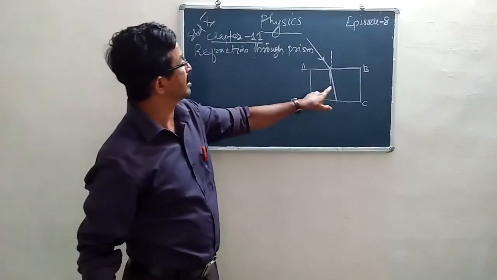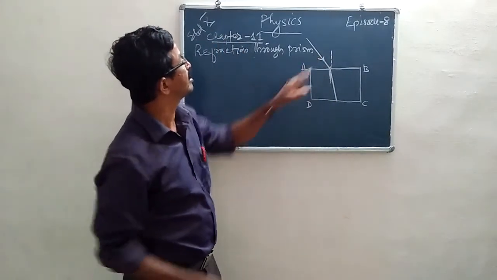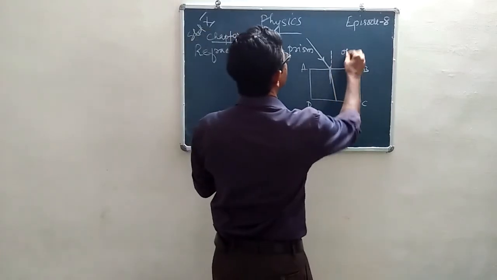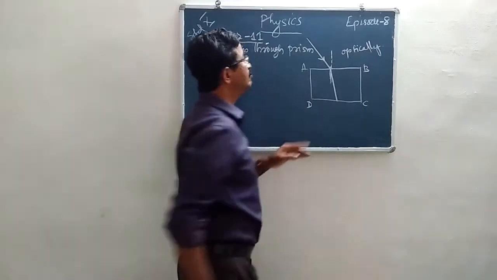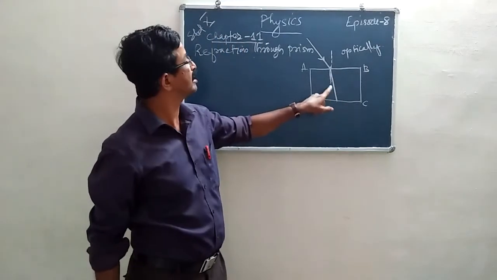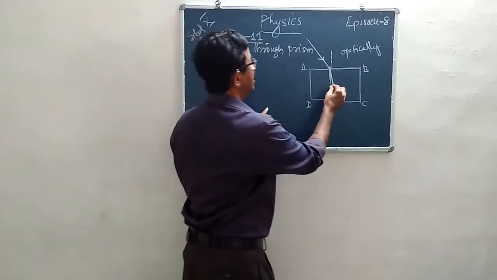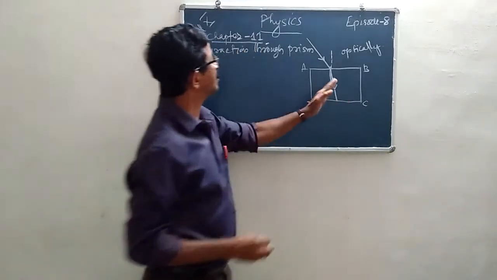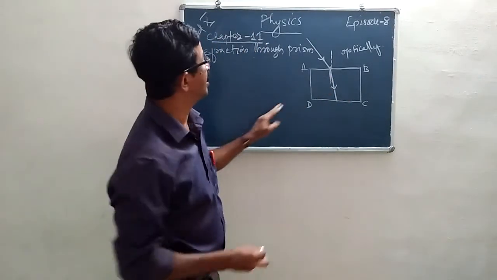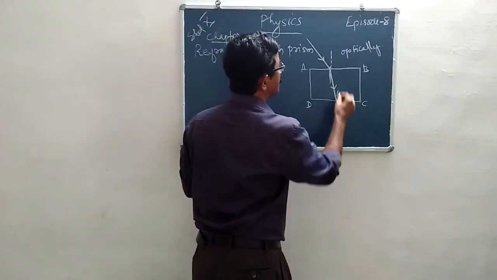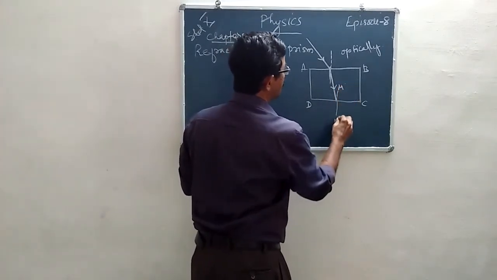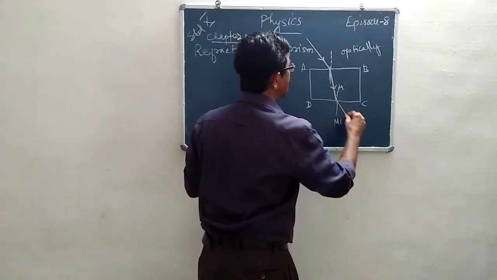Now the refracted ray passes from the optically rarer medium to the denser medium. So this refracted ray bends towards the normal, and this we can write as normal M dash. This emerges out.